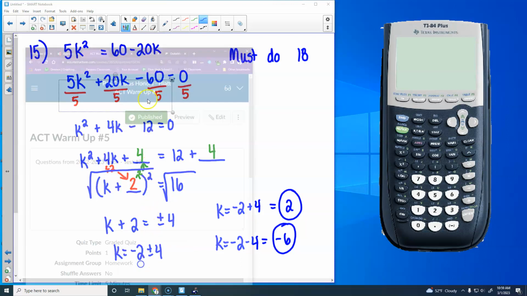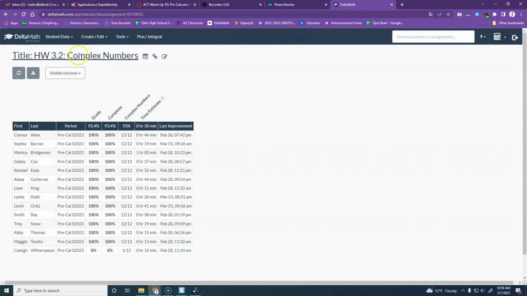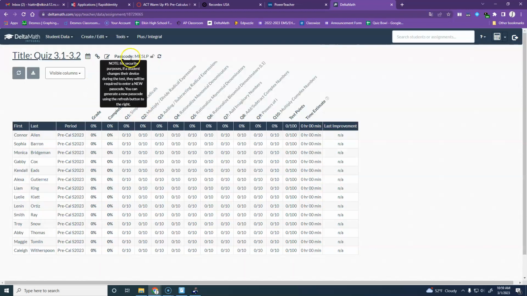So let me get you your access code for your assignment, for your quiz. It's on Delta Math, so make sure you've got your Chromebook. You're going to go to Delta Math, and I'm going to give you the access code.